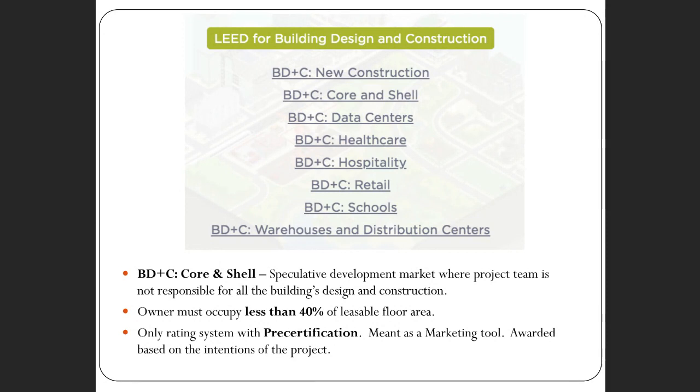Also in core and shell, we can pre-certify. The developer can pre-certify the building, so they can put their building on the market and say, I have a LEED Platinum building that I'm building. It's pre-certified. That might be something that the developer would use as a marketing tool to attract tenants for the building.